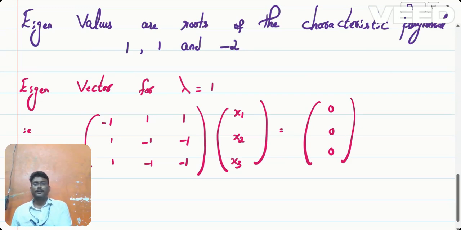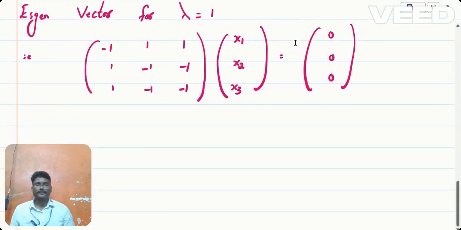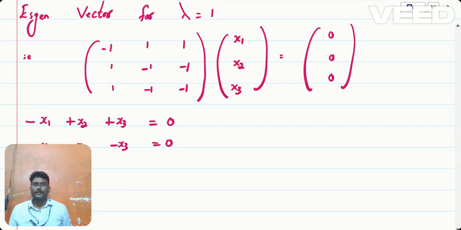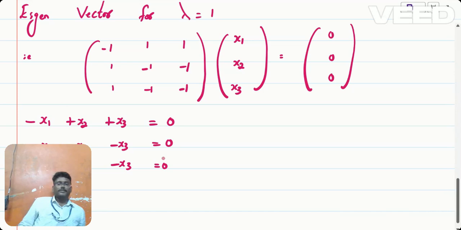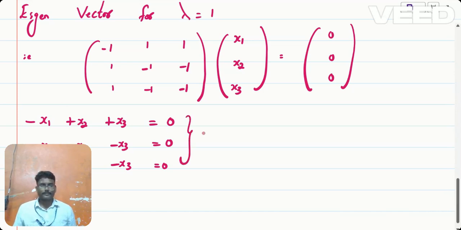So the equations are minus x1 plus x2 plus x3 is equal to 0, and x1 minus x2 minus x3 is equal to 0. Here all three equations are the same.